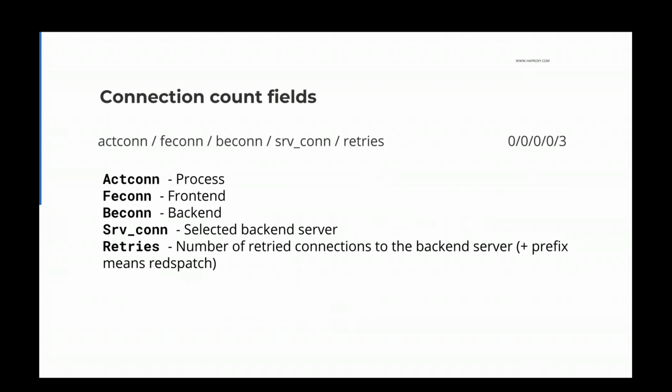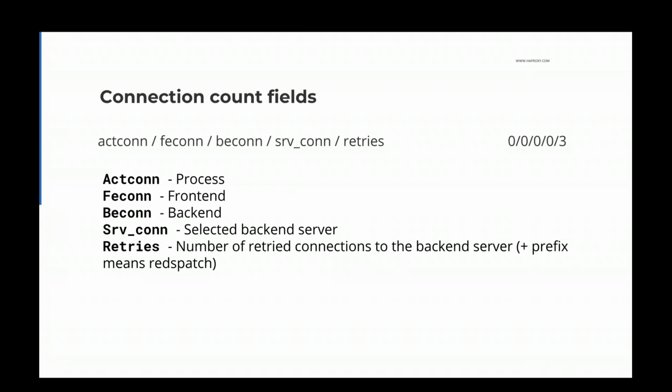Then you have a bunch of connection count fields in the logs. It shows you the number of active connections in the process, the connections to the front end, the connections to the back end, the connections to the specific server, and the number of retries. The most common fields in here that I look at, if I'm looking at a log from a time where there were problems, one of the first things I'm going to do after looking at the termination state, if they look relatively normal, would be to look at ActCon and FECon to see if they are approaching the MaxCon settings of HAProxy.